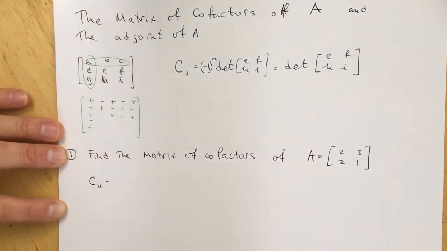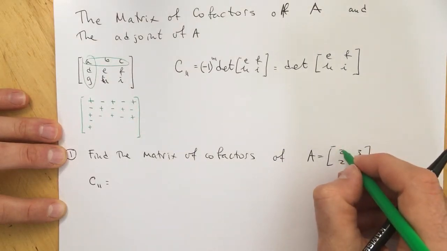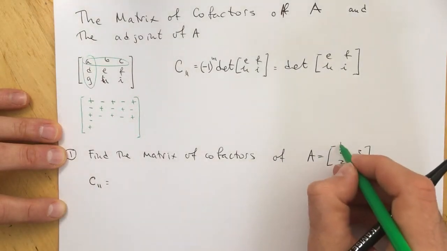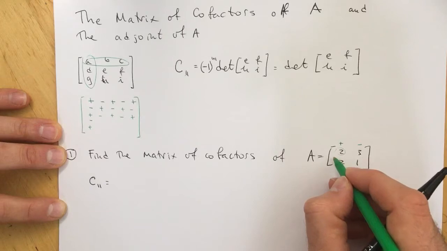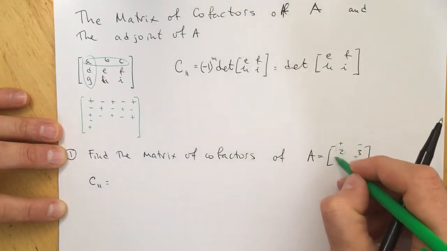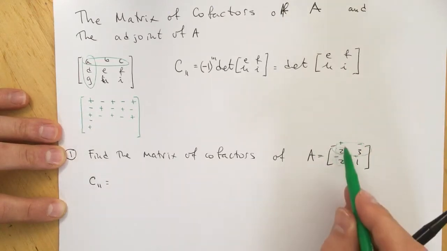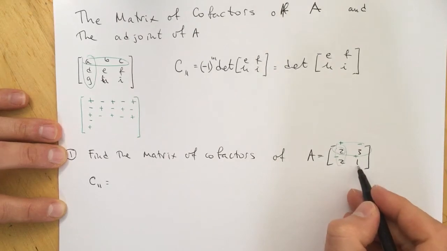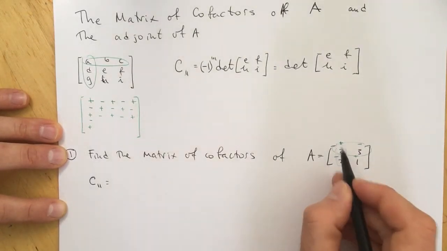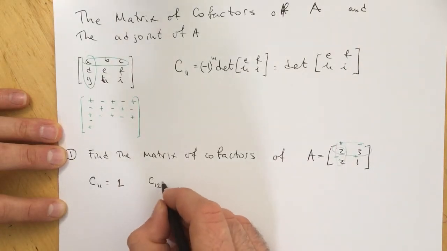Well, first of all, the top leftmost term is going to be positive, the next is going to be negative, then negative, then positive. Okay, so what will happen? I have to find the determinant of the submatrix when I take out the first row and the first column. Well, I'm left with only one entry, and the determinant of one entry is that entry itself. So it's positive 1.